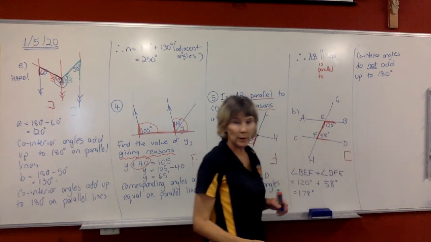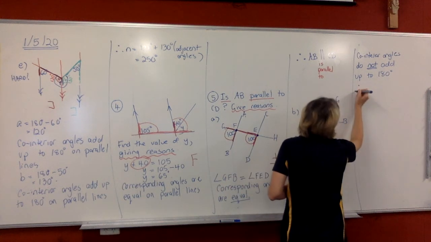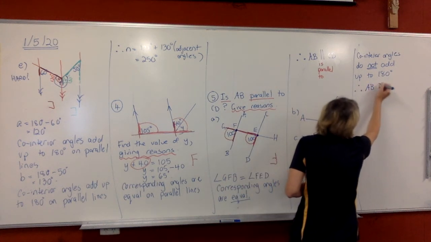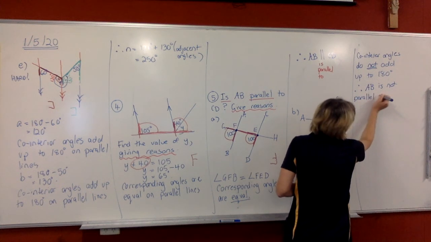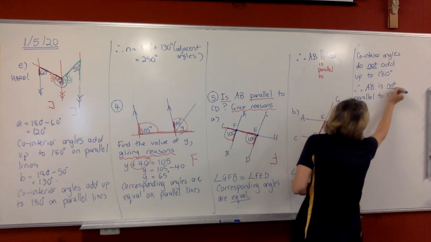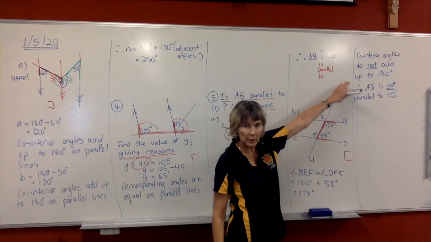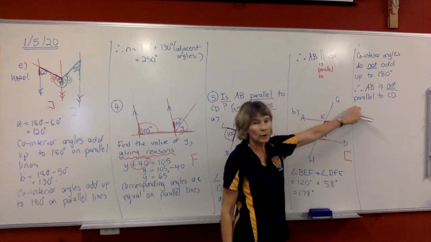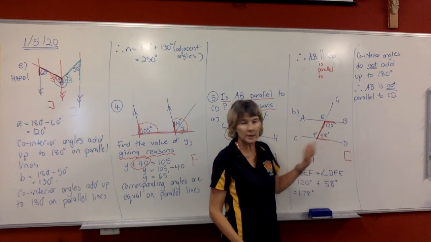Now, if they don't add up to 180 degrees, those lines are not parallel. So we're going to say, therefore, AB is not parallel to CD. Okay, so if they don't add up to 180 degrees, the co-interior angles, they are not parallel lines. Okay, so AB is not parallel to CD.